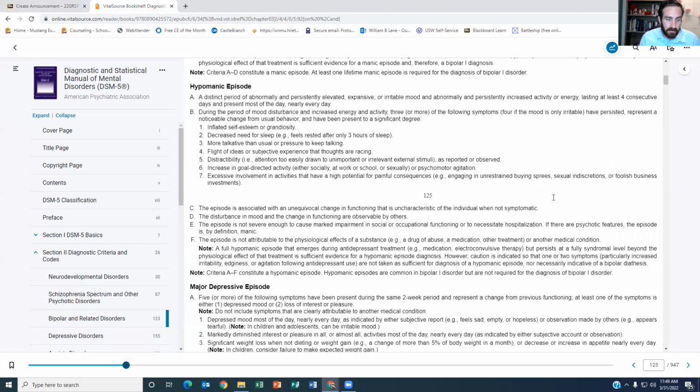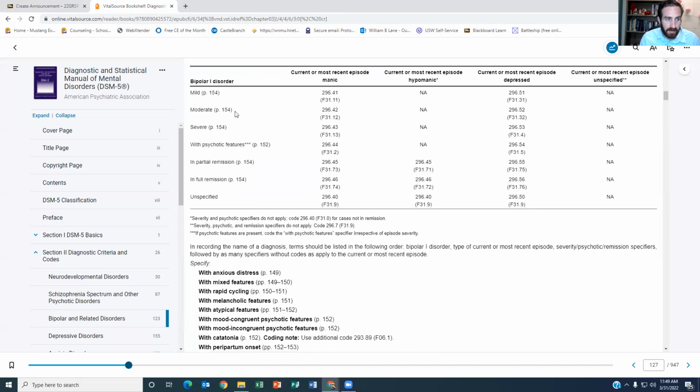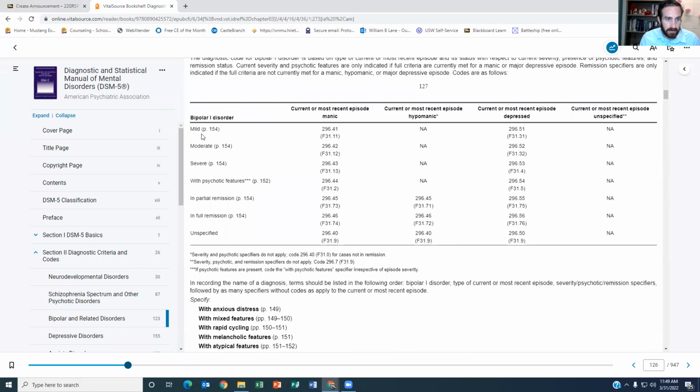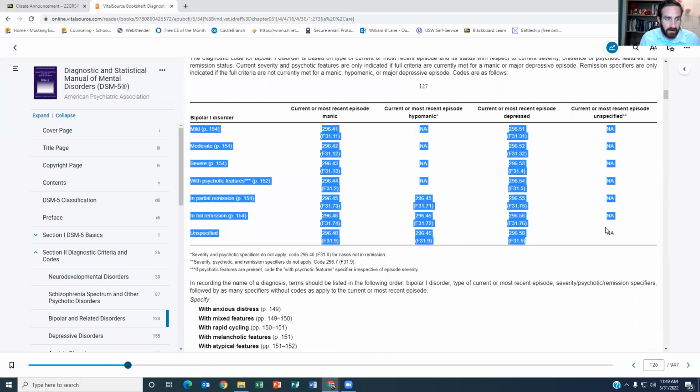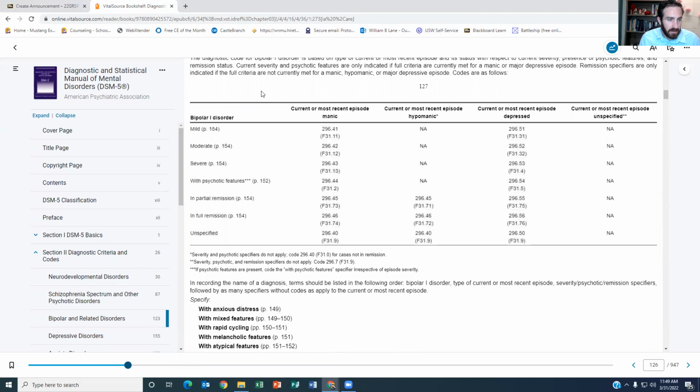So if you scroll down, that's because you don't just provide someone with the disorder of bipolar 1 disorder. You have to go down here to these tables and figure out what other specifiers tie into that. So if you look here, there's bipolar 1 disorder, mild, moderate, severe with psychotic features, in partial remission, in full remission, or unspecified.